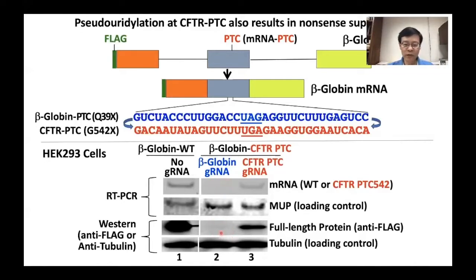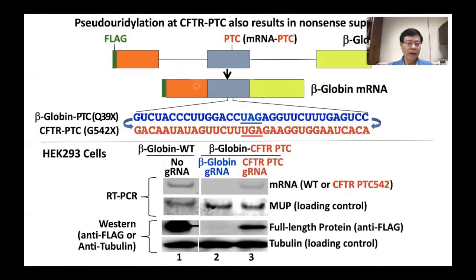There is no protein detected. In contrast, when we co-transfect the CFTR PTC specific guide RNA, now we detect the messenger RNA and also the protein. But here, although we used the CFTR PTC, it's in the context of the beta-globin gene.